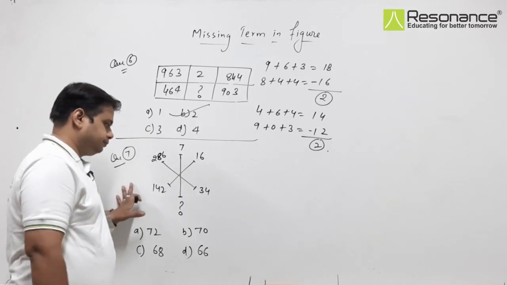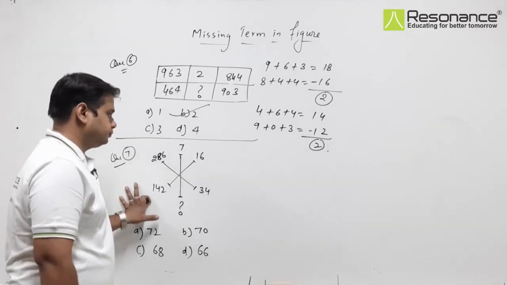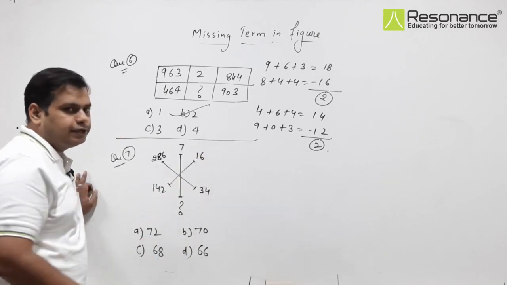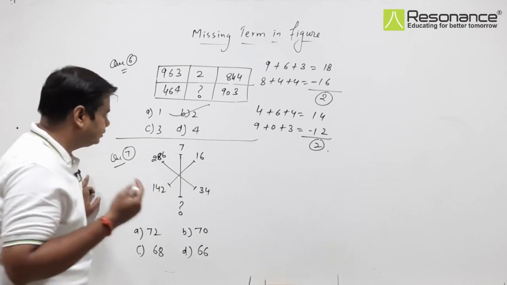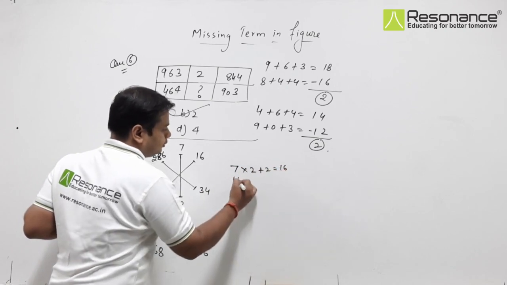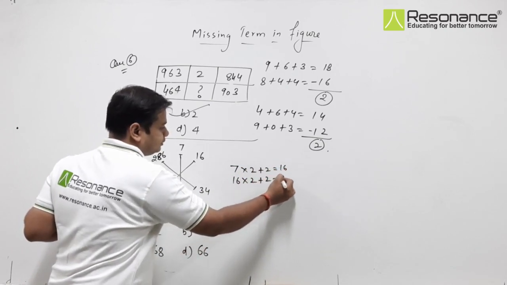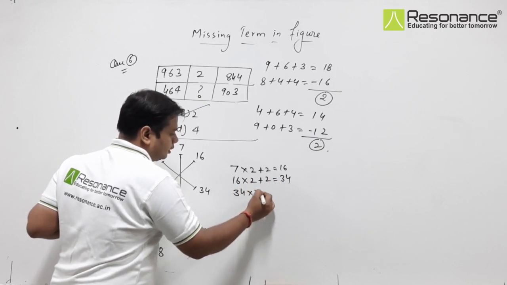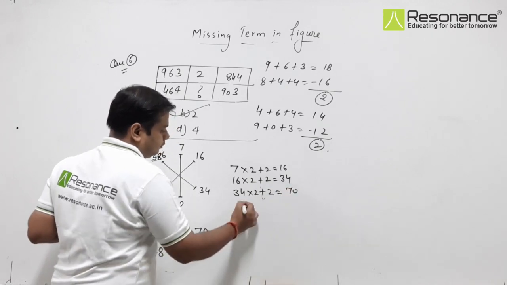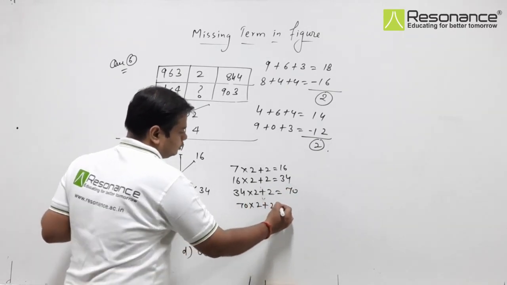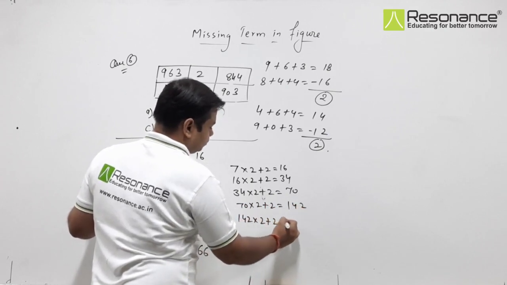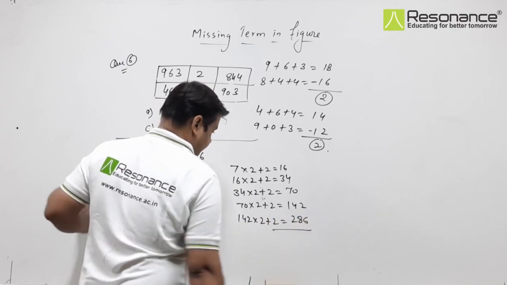Here, 7, 16, 34, the numbers are increasing, it may be a number series. 7 into 2 plus 2, 16, 16 into 2 plus 2, 34, 34 into 2 plus 2, 70, 70 into 2 plus 2, 142, 142 into 2 plus 2, 286.